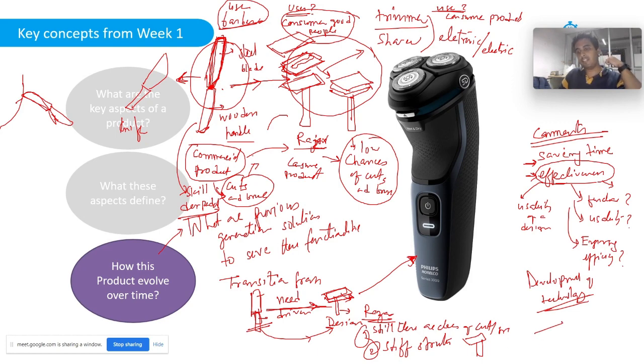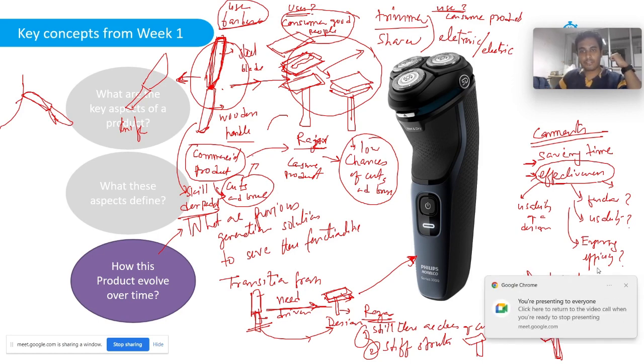Since this is a rectangular structure, and the shape of the blade is also rectangular, you always need to adjust your face accordingly.